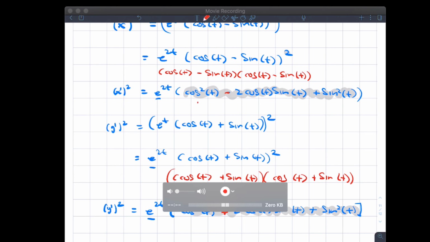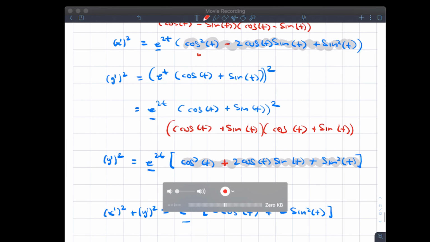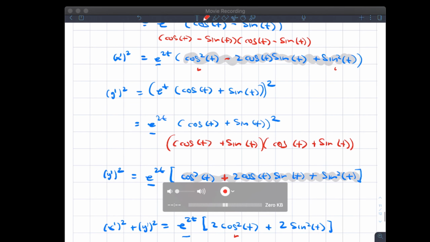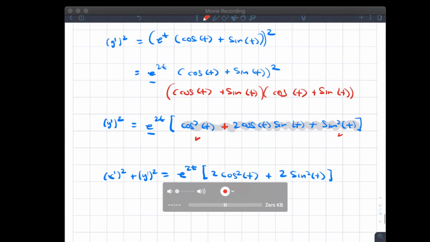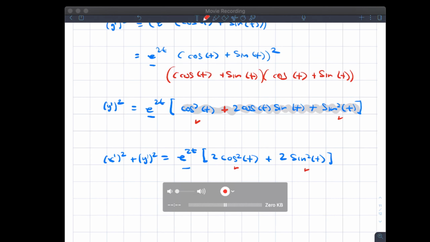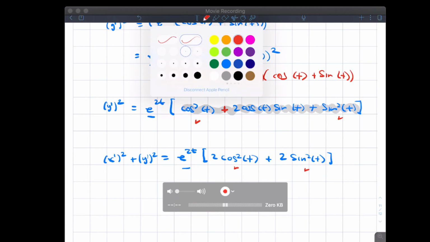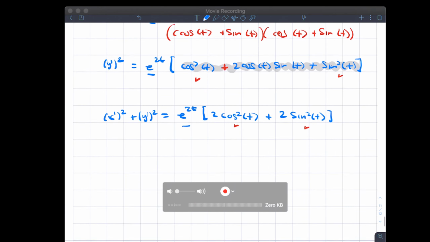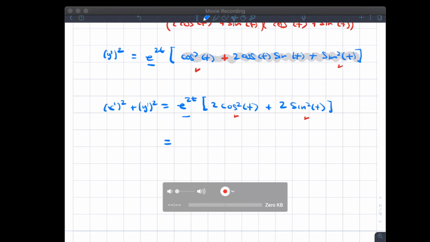You're just left with 1 cosine squared plus another cosine squared. That's why you got 2 of them. And you're left with a sine squared plus another sine squared. And again, this is why you have 2 of them out here. So yeah, there's some algebra here, ladies and gentlemen. This is what's a part of this. And you might say, can I factor out that 2 you have?